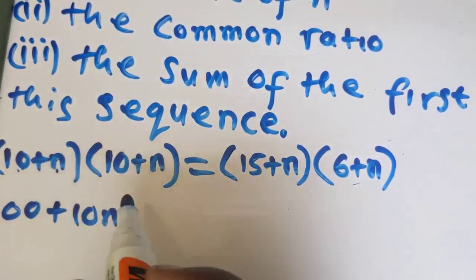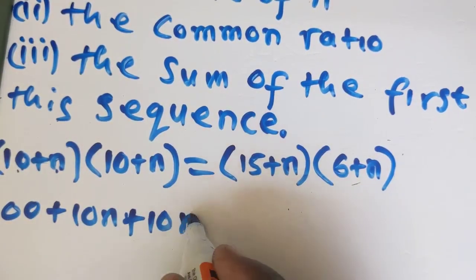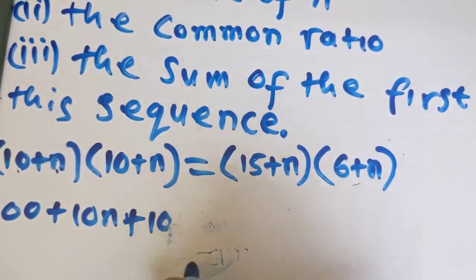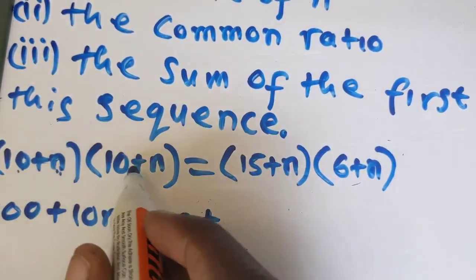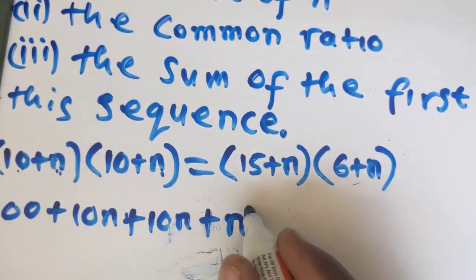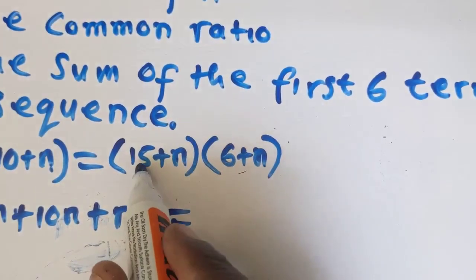Then n times 10, that is 10n again. N times n is n squared. So we have 100 plus 10n plus 10n plus n squared, is equal to 15 times 6.